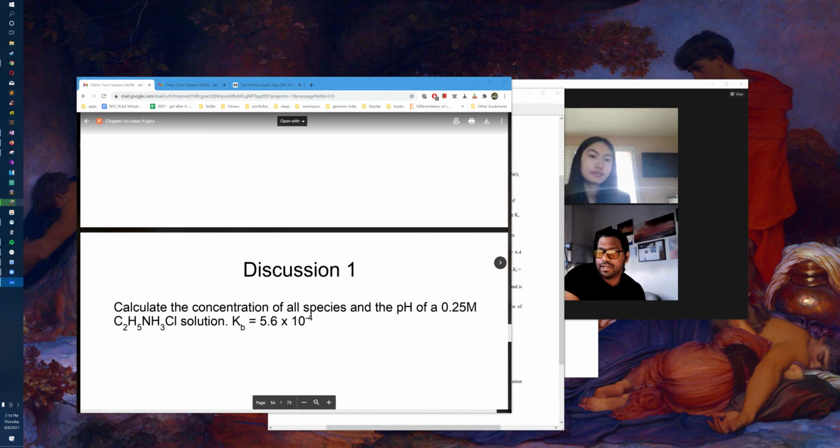A particular sample of vinegar has a pH of 2.9. Yeah, acetic acid is what's in vinegar, by the way. If acetic acid is the only acid that vinegar contains, and it has a Ka of that, calculate the concentration of the acetic acid in the vinegar.